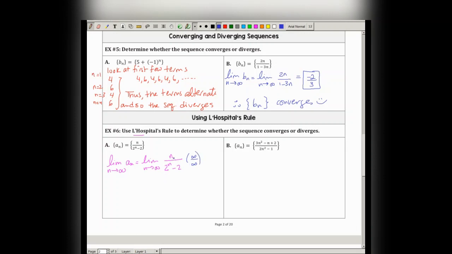L'Hopital's rule. So because this is infinity over infinity, then we can take the derivative. So the limit as n goes to infinity of 1 over, so the derivative of n is 1, and the derivative of 2 to the power n is 2 to the power n times natural log of 2. That's the derivative of a to the x, right? Derivative of a to the x is a to the x times natural log of a.